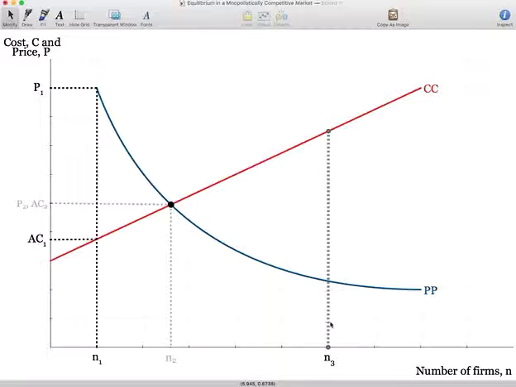So we can follow that number upward until we hit PP, which will tell us the price. So I can put that price line, that dotted line, right there. For some reason it changed to blue, which I did not want it to do. So this is going to be P3.